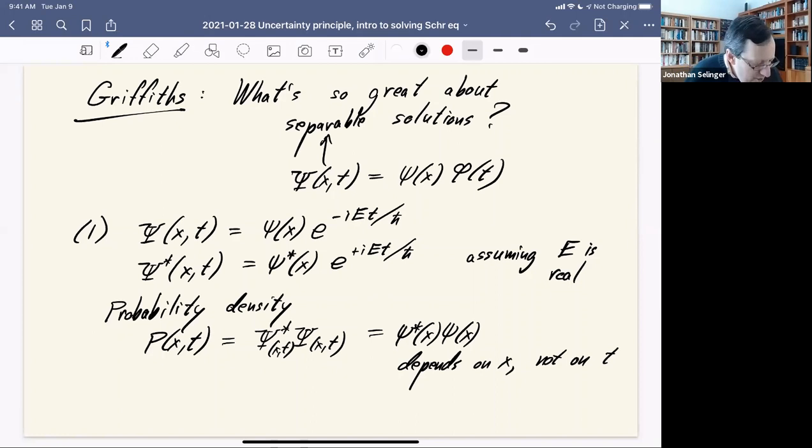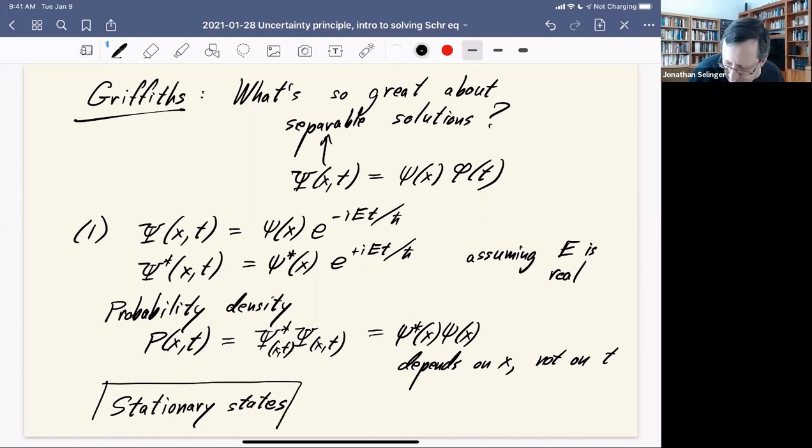The word for that is that these things are stationary states. Stationary meaning not moving in time.